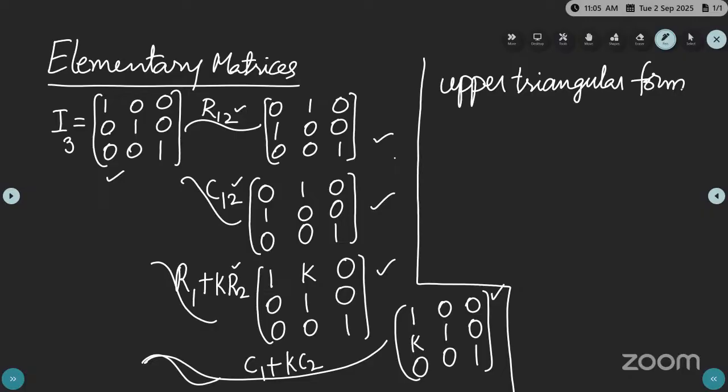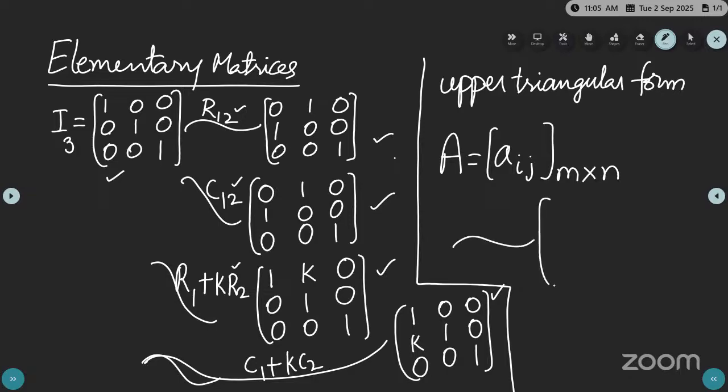If you are having a matrix Aij of order m by n, we are going to convert it into some upper triangular form matrix. These values will be zeros.